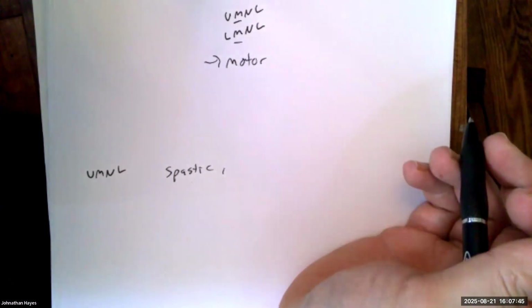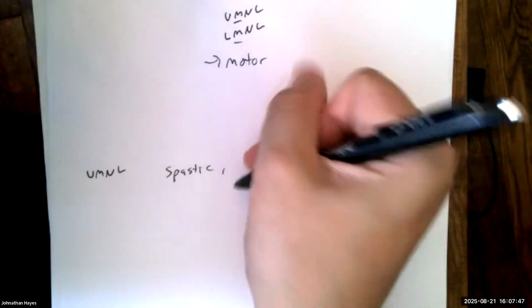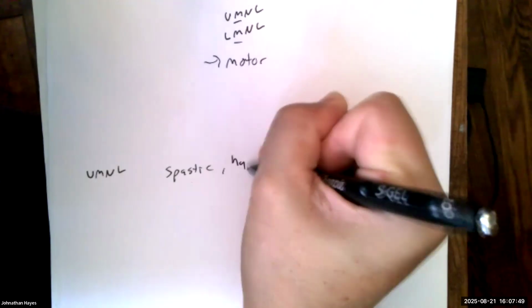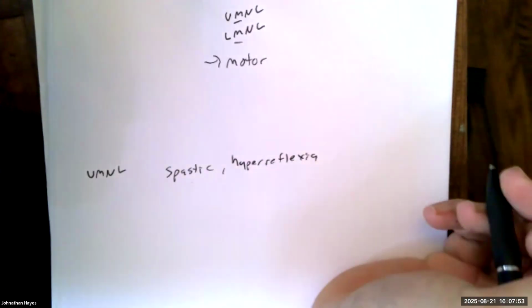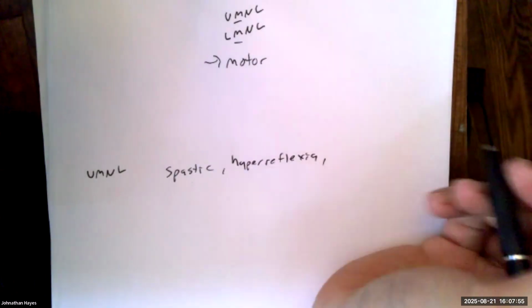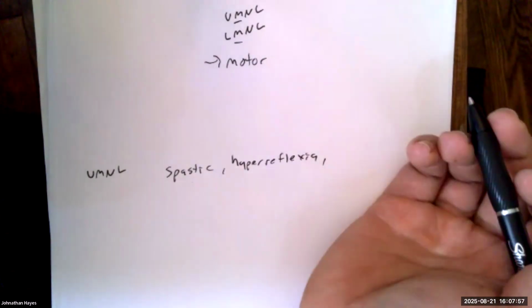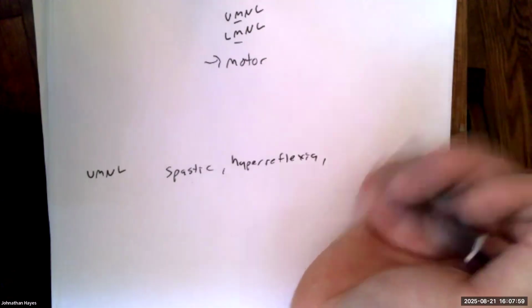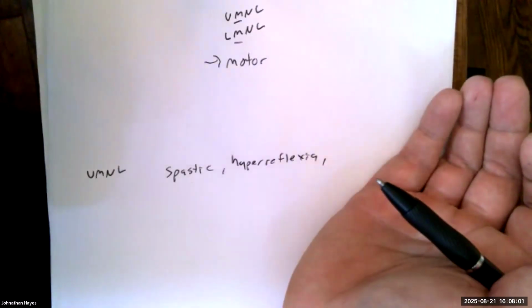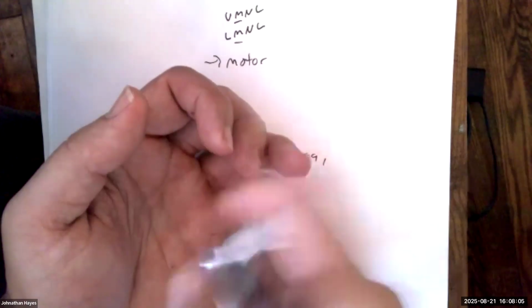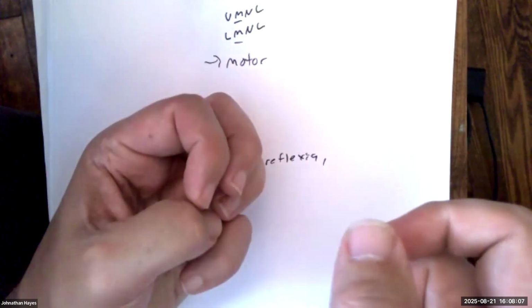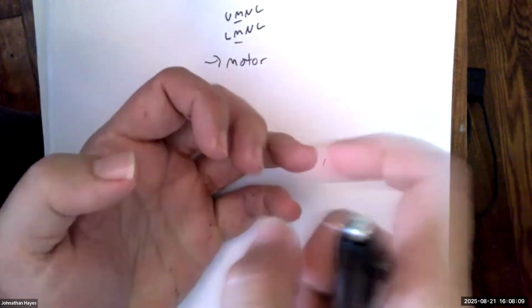If you do any type of reflex test with them, like deep tendon reflexes, the reflexes are elevated. So we say they're hyperreflexic, hyperreflexia. And you might even notice that they have certain pathological reflexes present. So again, you'll probably learn these when you're on the floor. But some examples of a pathological reflex is if I tap somebody on the fingernail and their hand kind of clenches down like this.